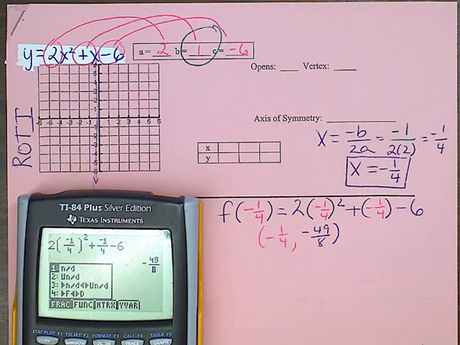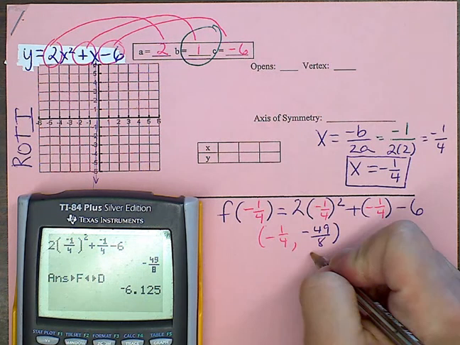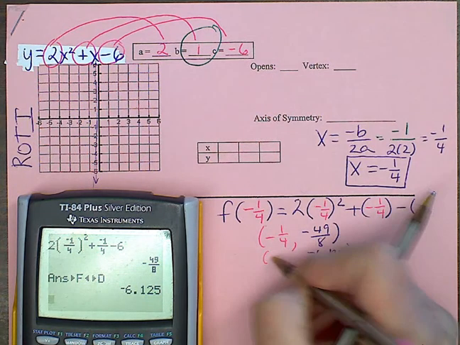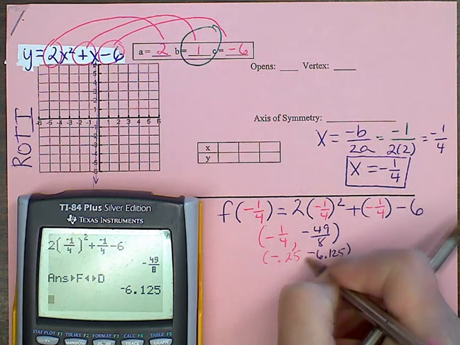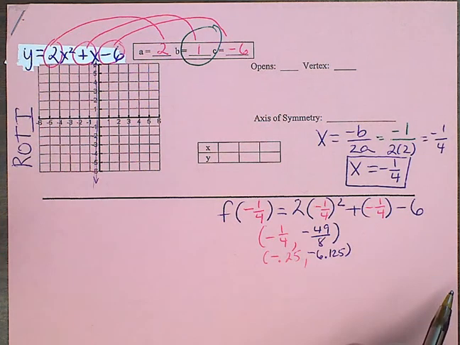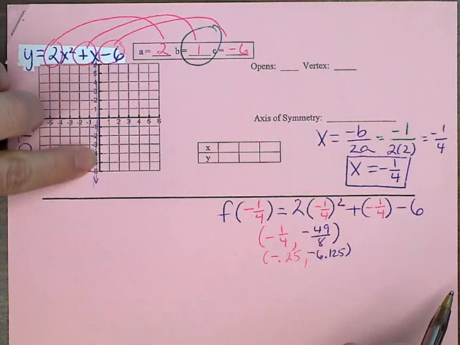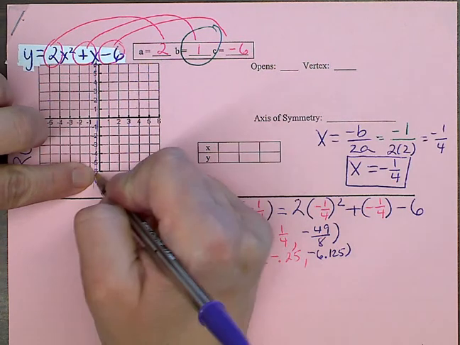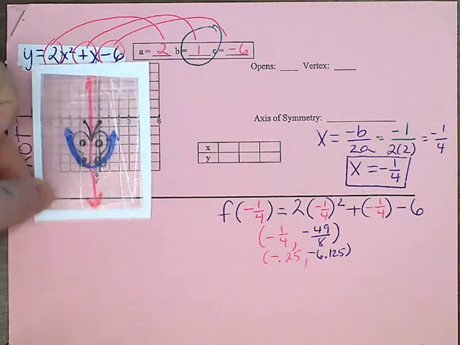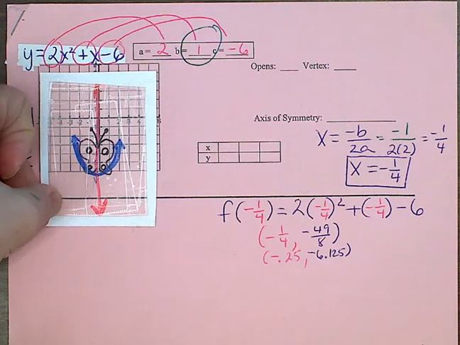Yikes. I can change this into a decimal if I want to. And that might help me realize where I'm going to graph that. So it's going to be 1/4 of the way over and more than negative 6 down, so somewhere in here. In class, we use our little butterfly. We know that the bottom of our butterfly is going to be on that dot.